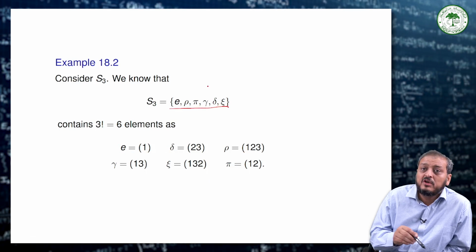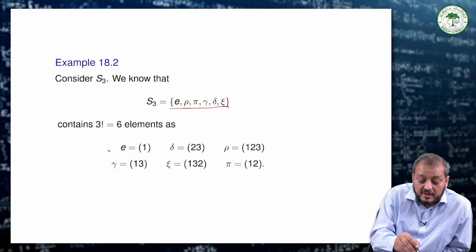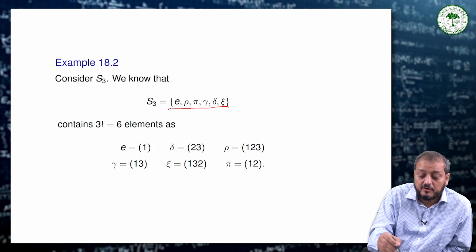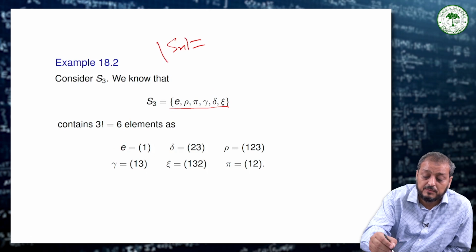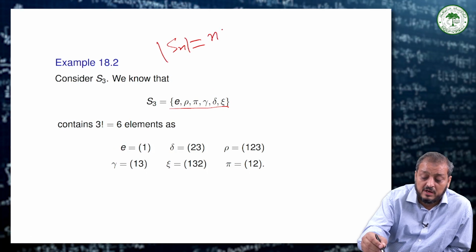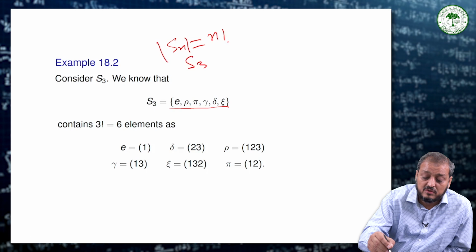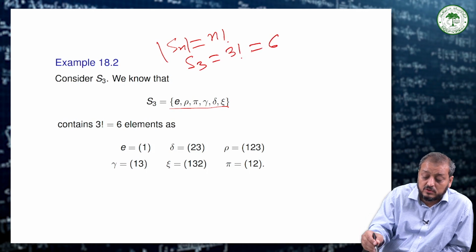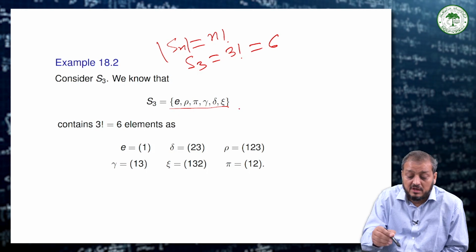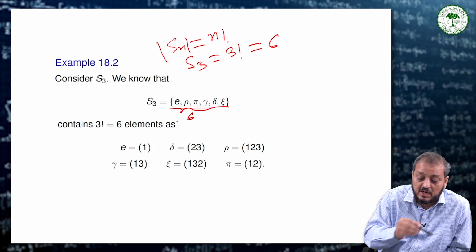So we continue the same notation. Then the total number of elements of S3: you know that the order of Sn is factorial n. So S3 has factorial 3, which is 6. So total 6 elements are there. These are the 6 elements.